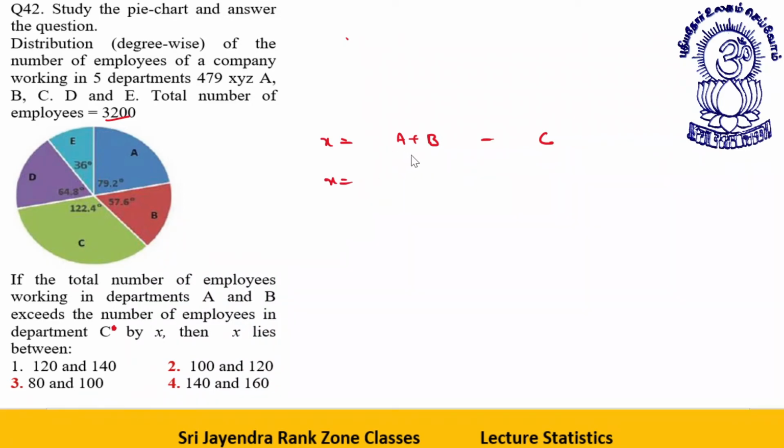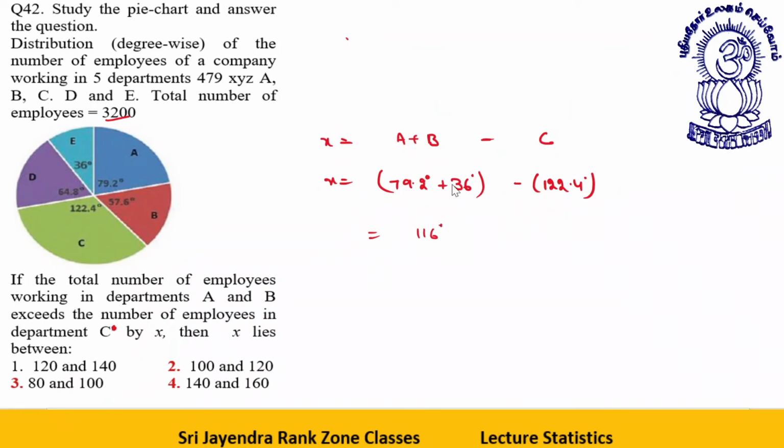What is A plus B? A plus B is 79.2 degree plus 57.6 degree.